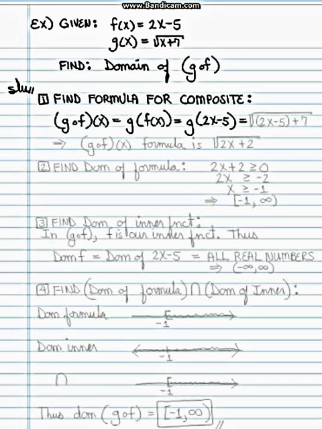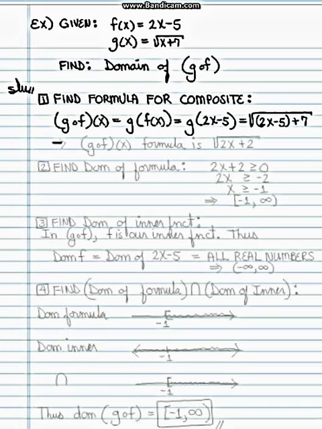And finally, we evaluate the g function for the value 2x minus 5. Well, the g function at the top told us whatever you feed into g, you add 7 to it, and then you take the square root. So what we fed into the g function was 2x minus 5. We're going to add 7 and then take the entire square root.